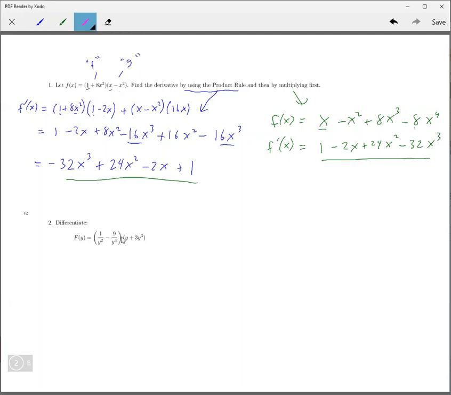Okay, let's take a look at number 2. We're supposed to differentiate this. When you have powers of y or x, in this case y is the independent variable, and you've got powers of that in the denominator, then you can rewrite it as being in the numerator, but we just put a negative exponent.